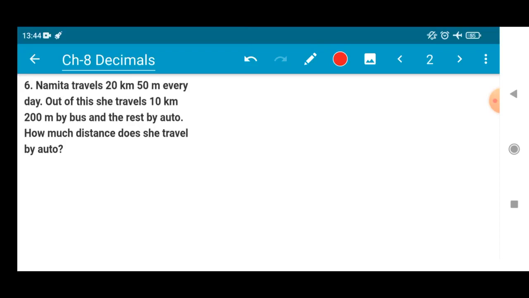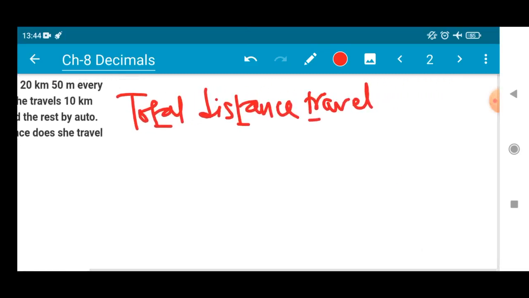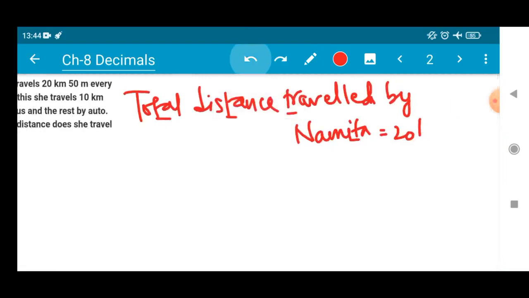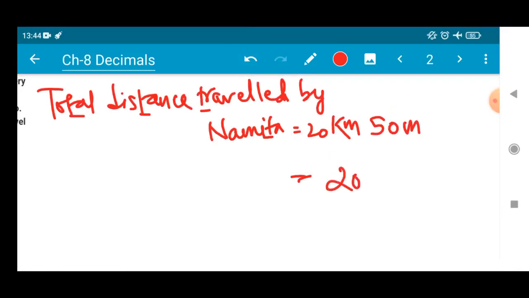So let us write total distance traveled by Namita is how much? 20 kilometer 50 meter, isn't it? So here again there are 2 units, so I request you all to follow this, that is to convert this into 1 unit.